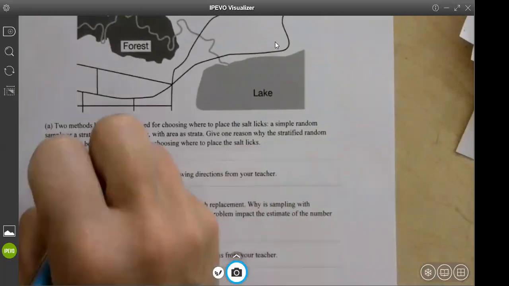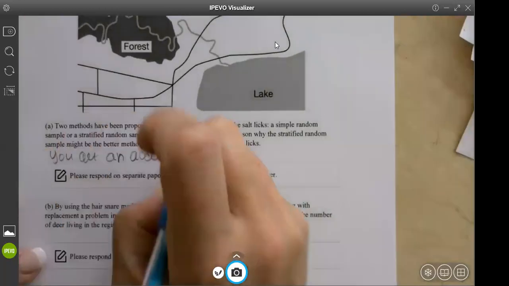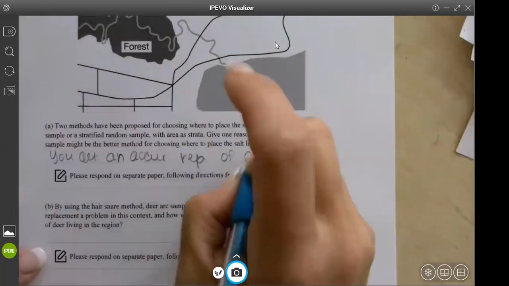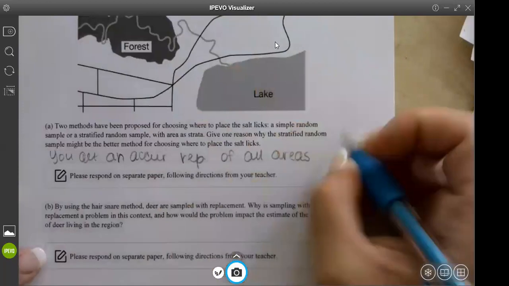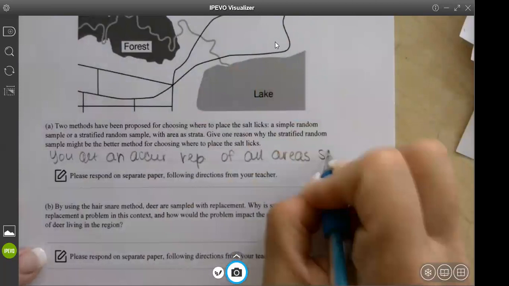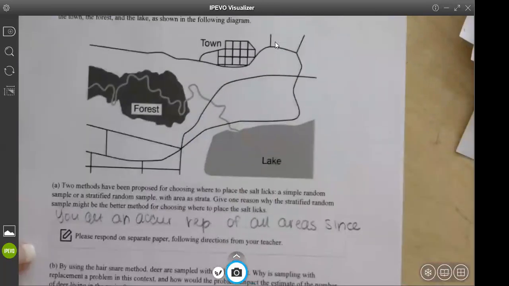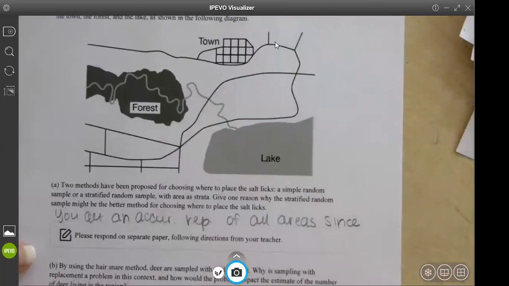You get an accurate representation of all areas. And then explain why it would be more accurate. Since, why?